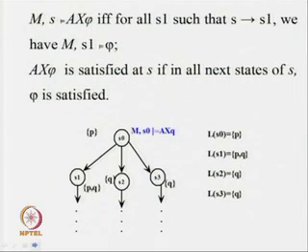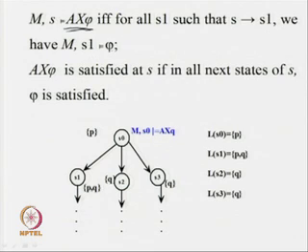Now we are going to see how to define the semantics of our temporal operators. First we consider A x phi. This means in all paths, in the next state, phi holds. We define it in a state S of a model M. We say that M, S models A x phi if for all S 1 such that there is a transition from S to S 1, we have M, S 1 models phi.